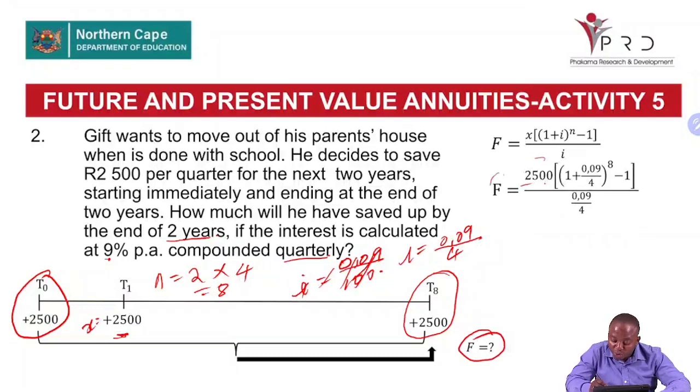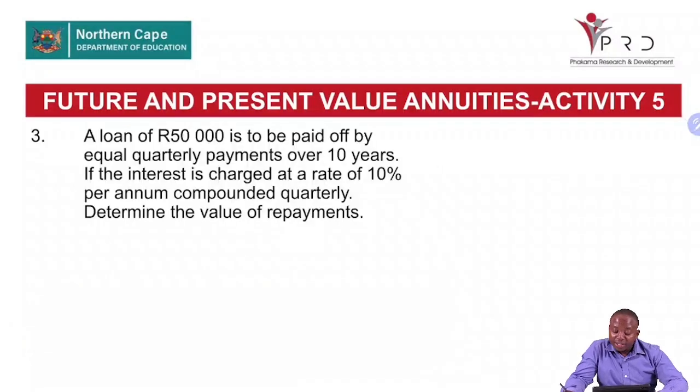F is our unknown, so we put it as F, open bracket 1 plus I, which is 0.09 divided by 4, our compounding period, all raised to the power 8, which is the total number of payments, minus 1, all over 0.09 over 4, the compounding period. Then our F is 21,647.9.